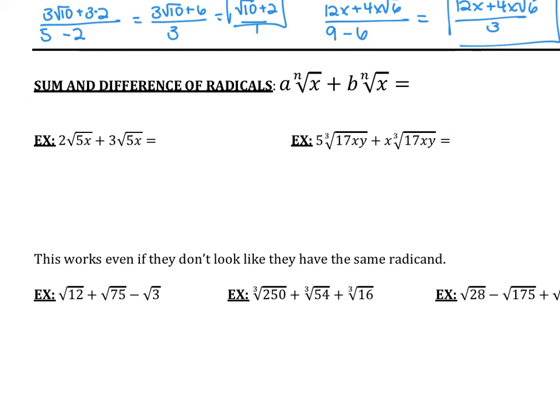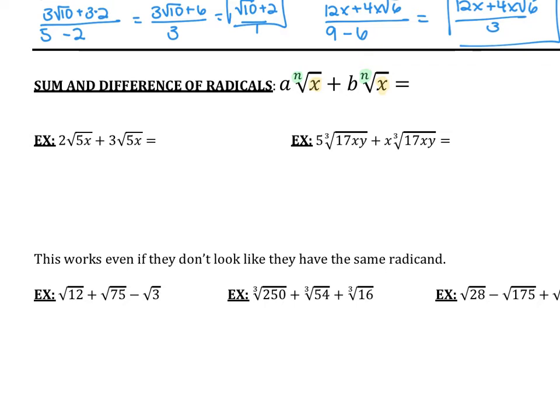In order to be able to add radicals together, two things must be true. They must have the same index, and they must have the same radicand. If either one of those is off, then we cannot add the radicals together. So if the radicands and the indices don't match, we can't add them.